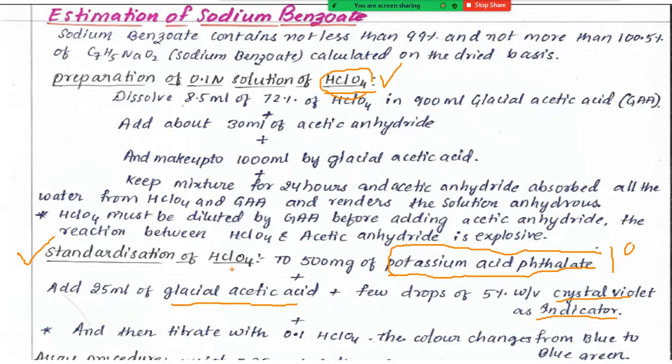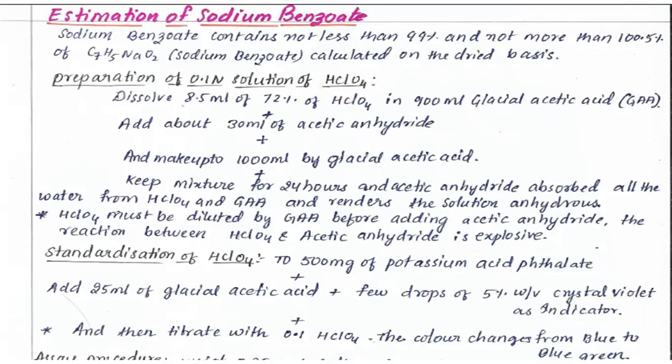This solution that we are taking in the conical flask will be titrated with perchloric acid, which is taken in the burette. Finally, we get the volume of titrant value, so that we can calculate the actual normality of perchloric acid, which is a secondary standard solution. In this standardization procedure, the color change we can get is blue to blue green.